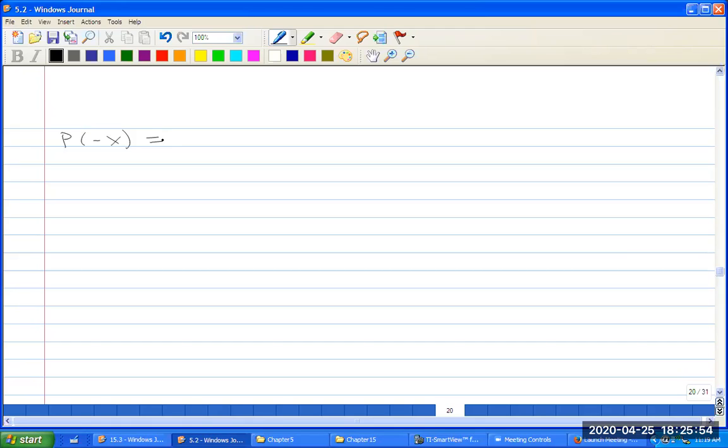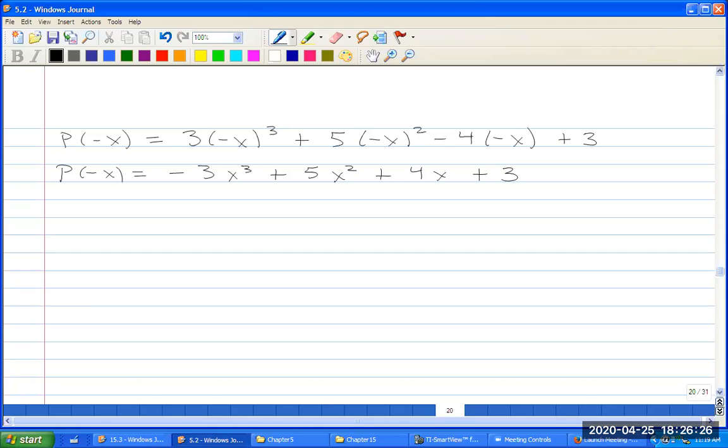So I have here 3 times negative x cubed plus 5 times negative x squared minus 4 times negative x plus 3. So P of negative x is equal to negative 3x cubed, positive 5x squared, positive 4x, and positive 3. In this case, I go from negative to positive, but then positive, positive, positive. So I only have one sign change.